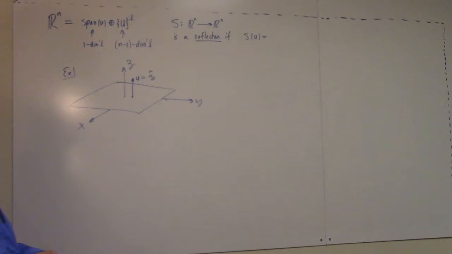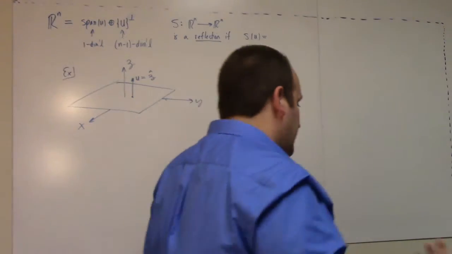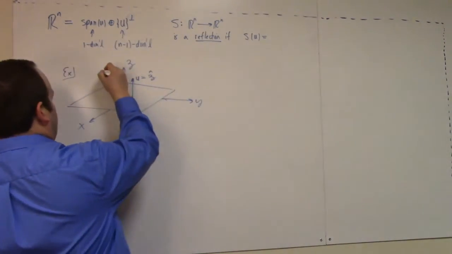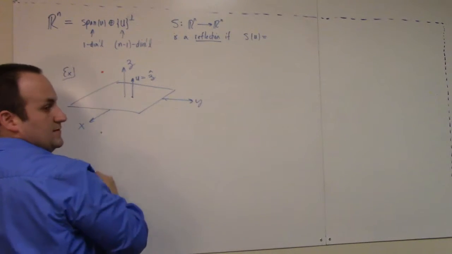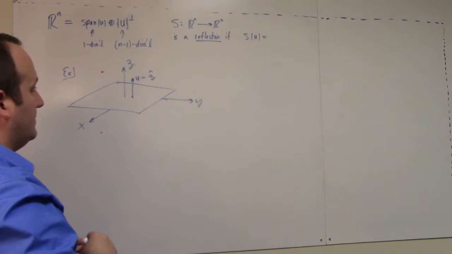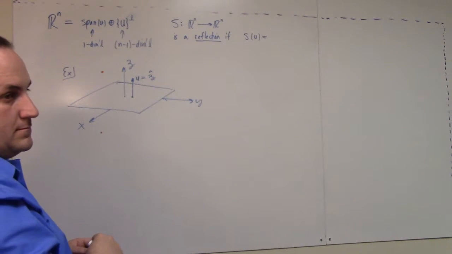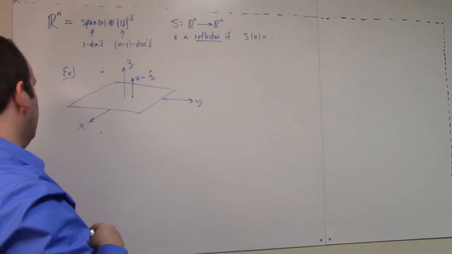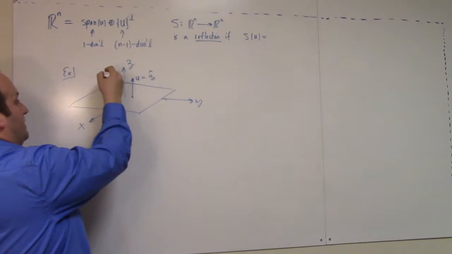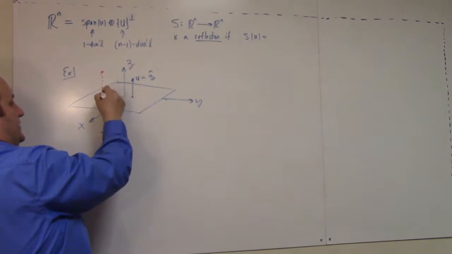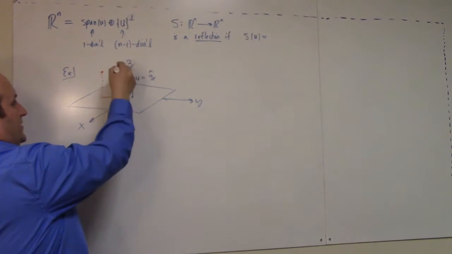So what does the reflection do? Geometrically, we know what it does. It takes the point on this side of the plane such that they're equidistant from the hyperplane. And it's also the shortest distance to the hyperplane, also true, but we could write it this way, right?